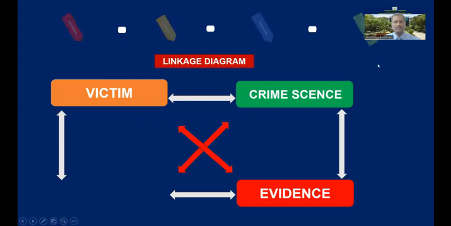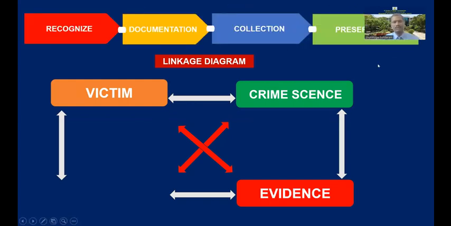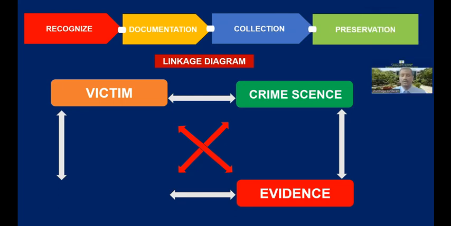So here you can see there is a linkage diagram. As forensic officers, we must understand how evidence is collected from the crime scene, and what you must understand before you can study forensic evidence collected from the crime scene. First, we understand recognition.